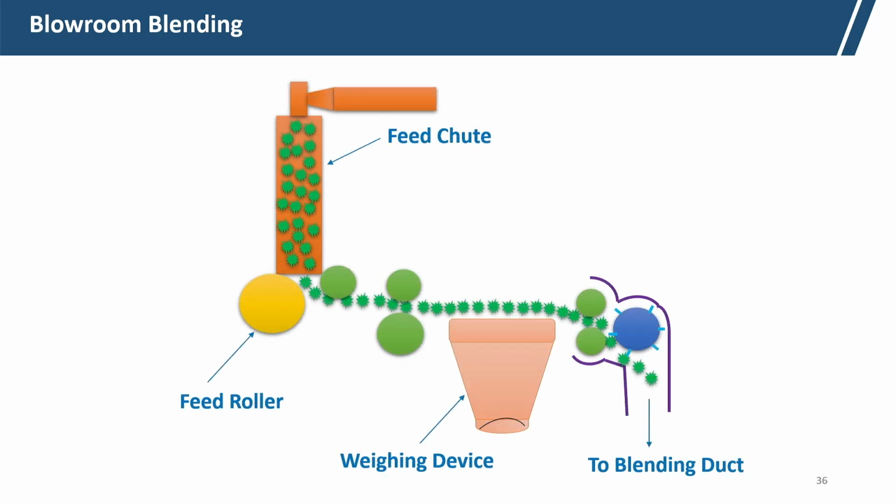Now, here this is the feed chute, then the feed roller, and here is the weighing device. After the weighing device, it goes to the blending tank. This ensures that the proper blend percent is maintained.